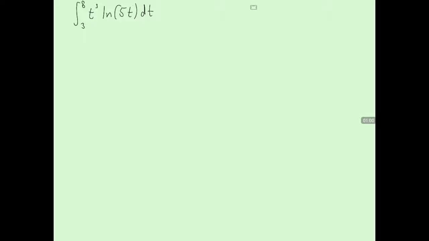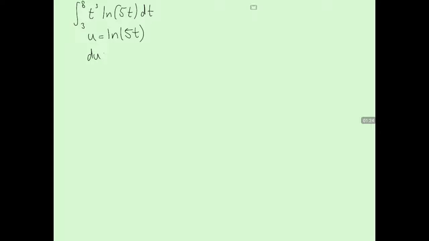So if we take the derivative of ln 5t, then we're going to get something like 1 over 5t times 5 or something like that. And then the 1 over t is going to be able to cancel out with the t cubed, hopefully. So let's give that a try. So we're going to differentiate ln 5t.